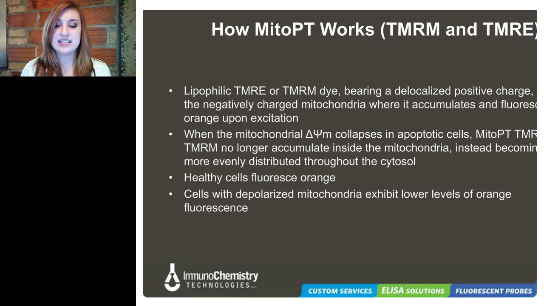So the MitoOPT TMRE and TMRM excite optimally at 549 and 548 respectively, and they do yield excellent results using a 488 laser. So optimal emission for these are 574 and 573 respectively as well.